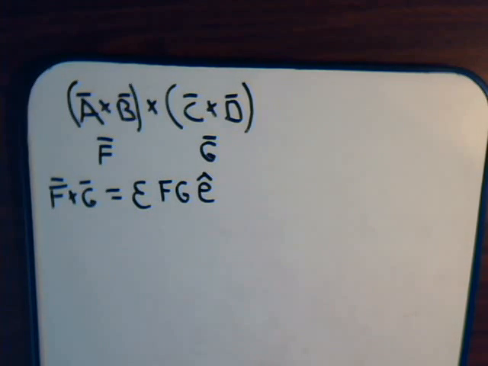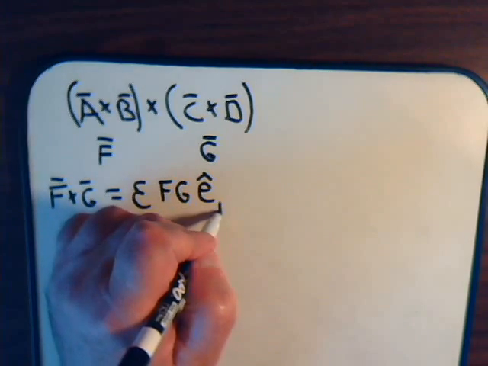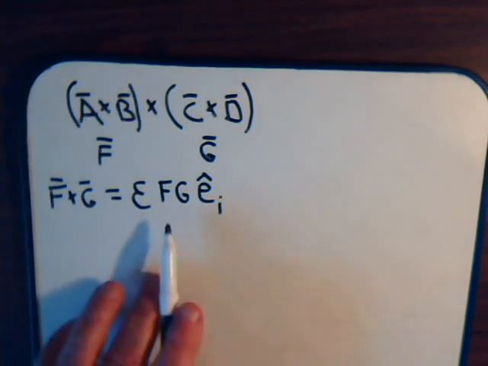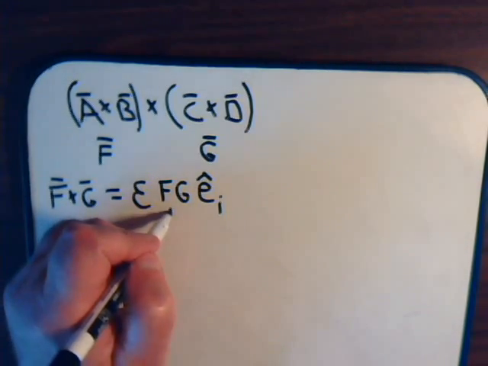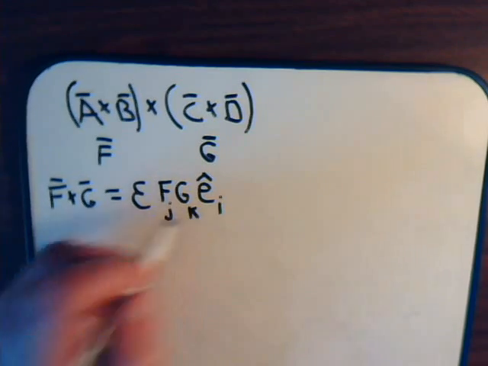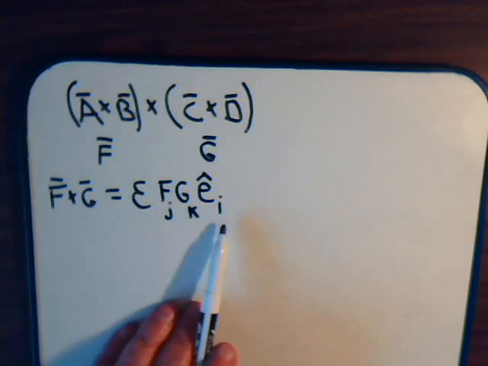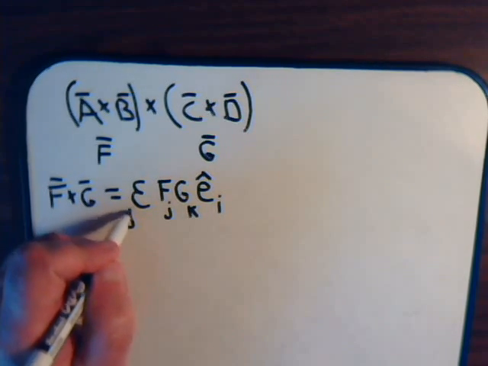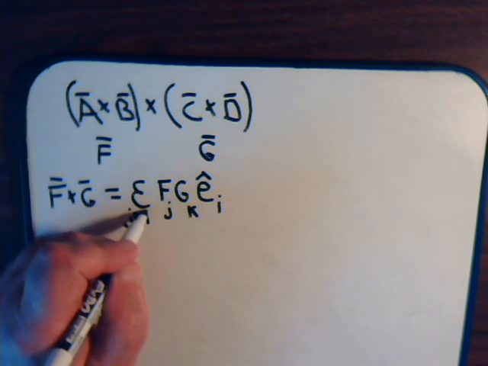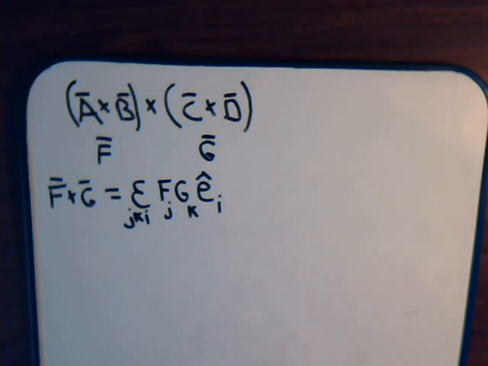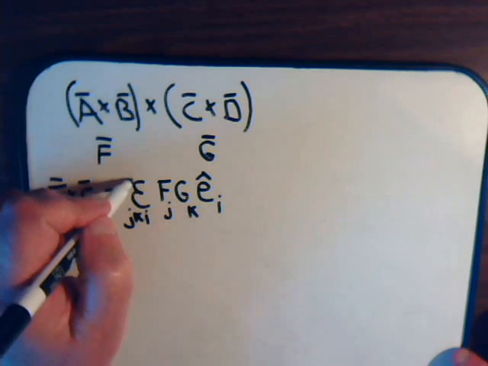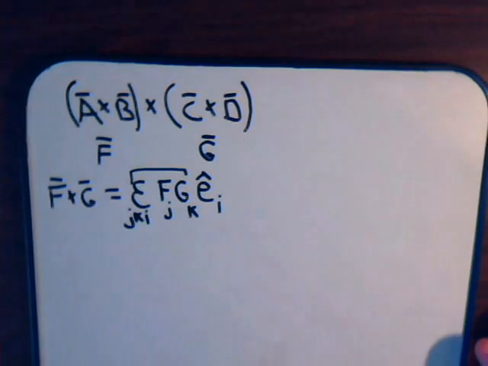We arbitrarily, it doesn't matter what we call it, but we'll call it I, and here we have J and K. So we have J, K, I. That's F cross G, and the ith component of this is just this, as we've gone over many times in our previous videos.